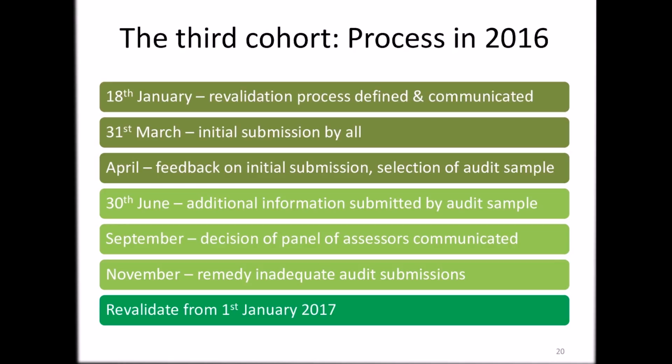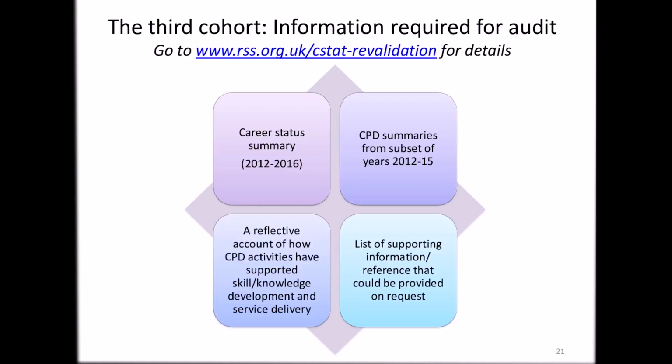Okay, so let's say a little bit more about the audit process in detail then. Looking now at slide 21, this indicates the information that is requested from those selected for audit.